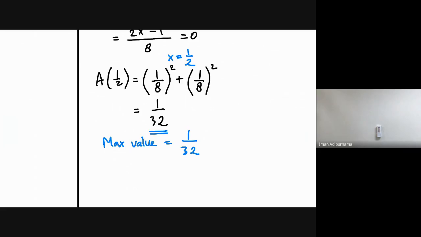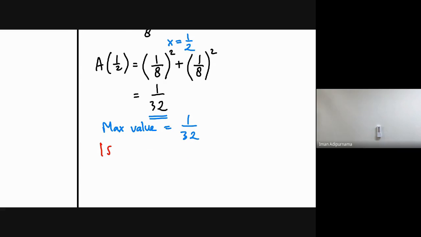This is actually really, really problematic, actually. So we conclude that this is our max. Okay? This is our max. Let me write here. Is 1 over 32 the maximum value?